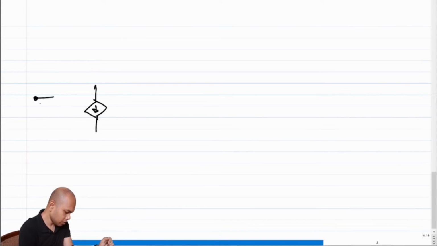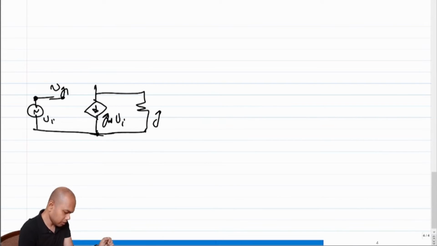So this is Vi, right? So this is the gate of the first MOSFET. So this is GM1 times Vi, and you have this output impedance GDS1. Then the gate of the second MOSFET is grounded, right? So this is VG2, this is grounded.